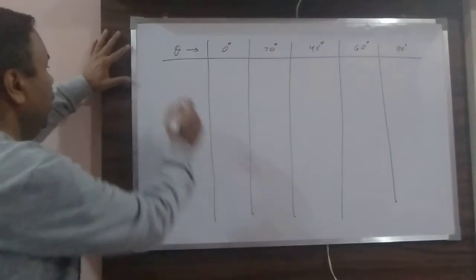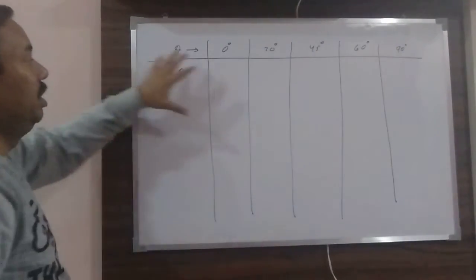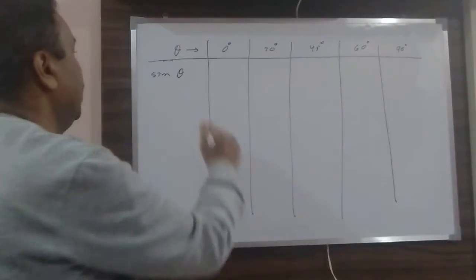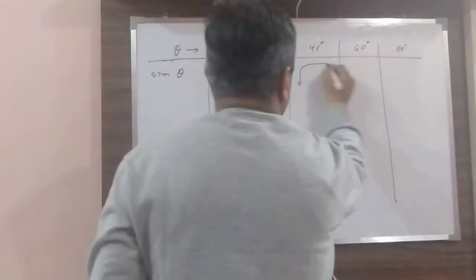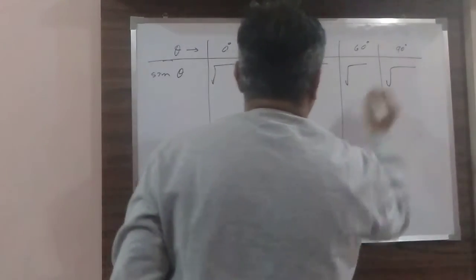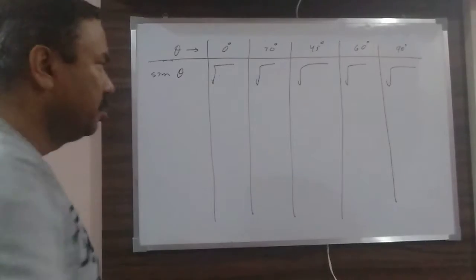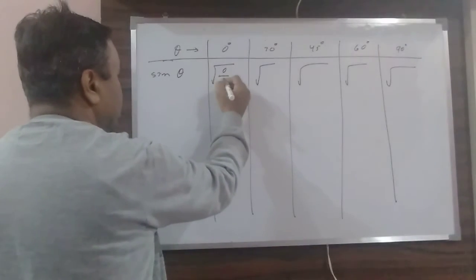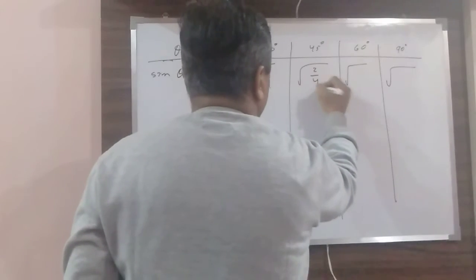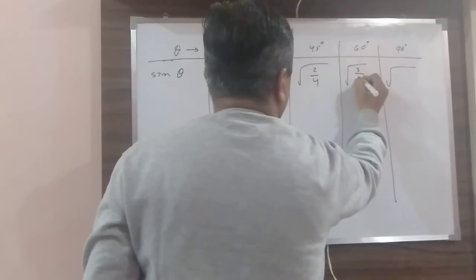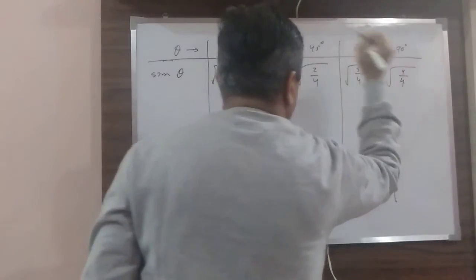Now, to find the value of sin theta for the different values, just put a square root on all. It will be 0 by 4, 1 by 4, 2 by 4, 3 by 4 and 4 by 4.